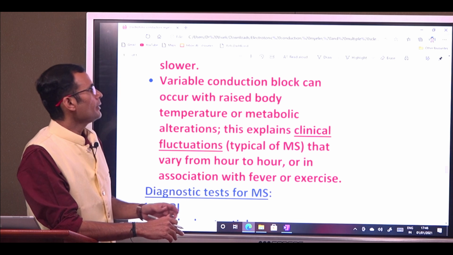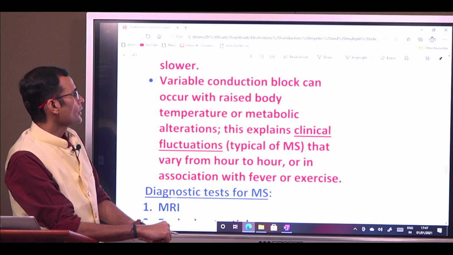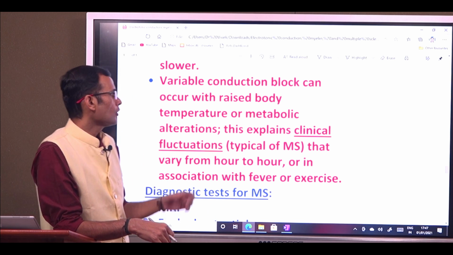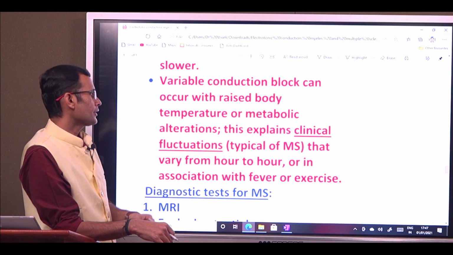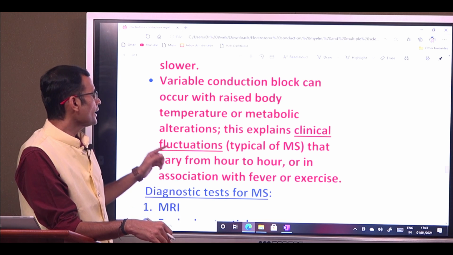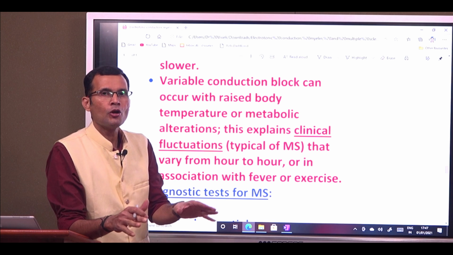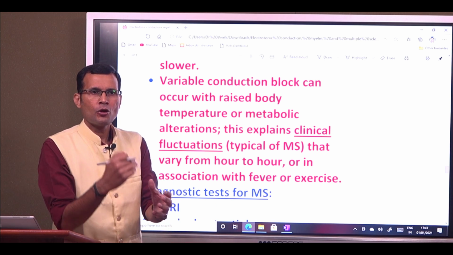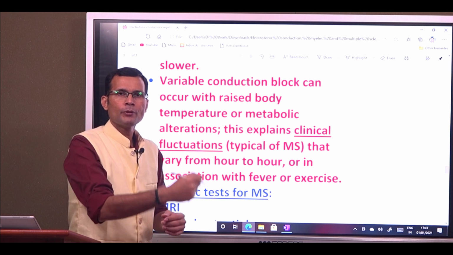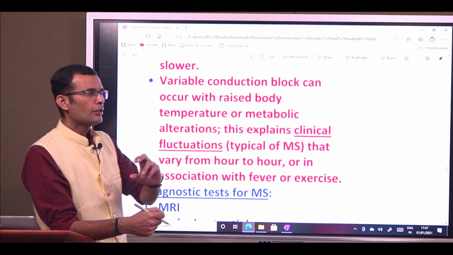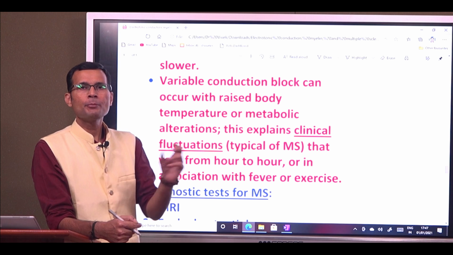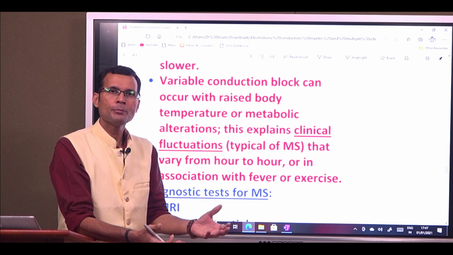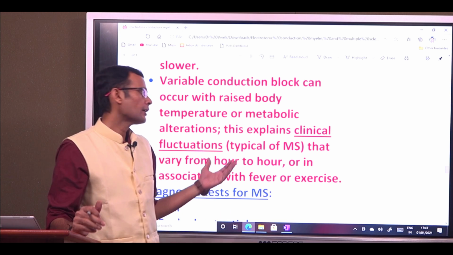There will be a variable conduction block with raised body temperature or metabolic alterations, and this explains the clinical fluctuations which are typical of MS. It means it's not predictable or it does not occur at a known frequency. It's quite a fluctuating onset of symptoms, in appearance and severity.